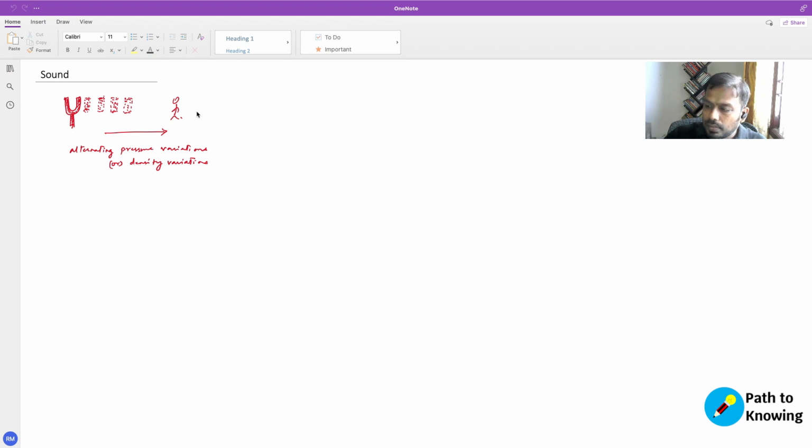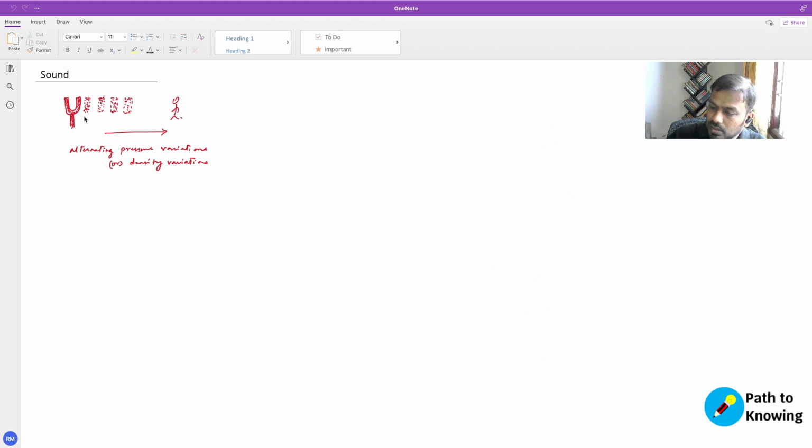And just to visualize this, if you were to plot this behavior of a tuning fork and the vibration of the nearby particles, or the alternating variations in pressure or density caused by the tuning fork, you can plot a graph something like this, right?